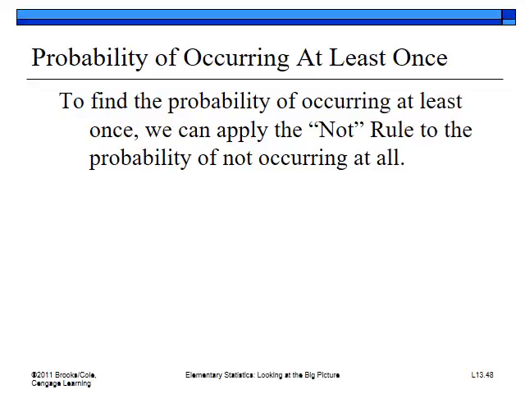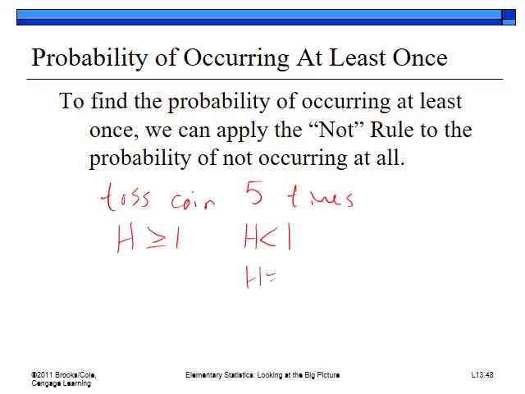So, for example, if we're talking about tossing a coin, let's say 5 times, we can figure out the probability of getting heads at least once by using the not rule and figuring out the probability that the number of heads is less than 1, or the number of heads is 0. If I know the probability of getting 0 heads, then I can subtract from 1 to find the probability of getting at least 1 head.